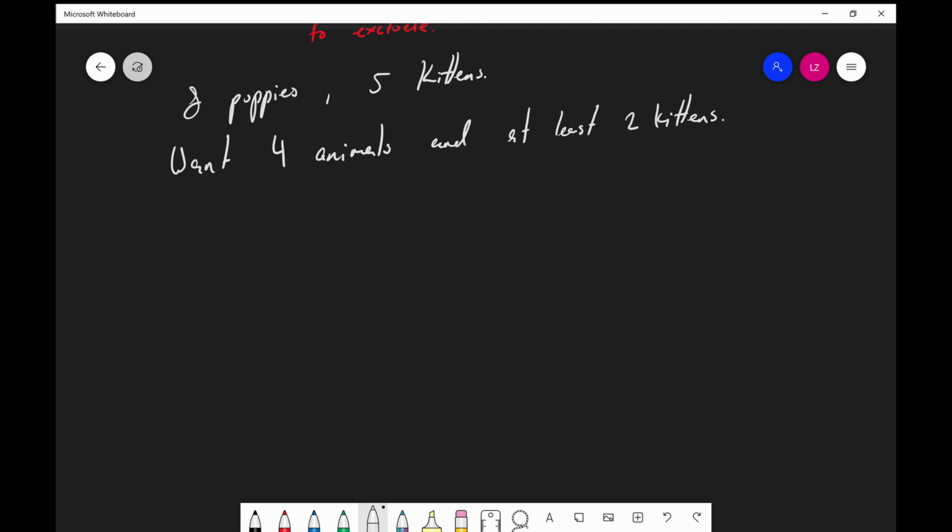Now, first, we want to find the total number of ways to have 4 animals. Which is the total of 13, and we pick 4. 13 choose 4. And then now we should look for what we want to exclude.